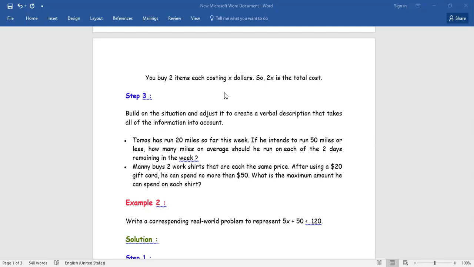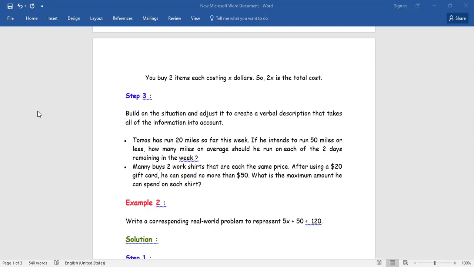So the variable which you are looking for is what? How many more pizzas he can get, not the amount of money. Listen, the inequality is what? 2x plus 20 less than or equal to what? 50, right?